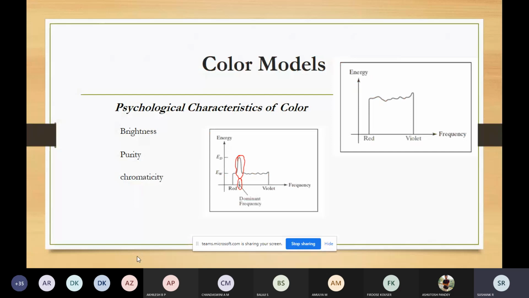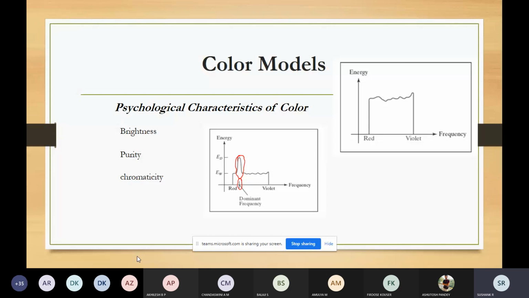So this is regarding the second thing, purity, the second psychological property of this color. And the last one is chromaticity. So what does chromaticity mean? It is a collection of purity and the dominating frequency.